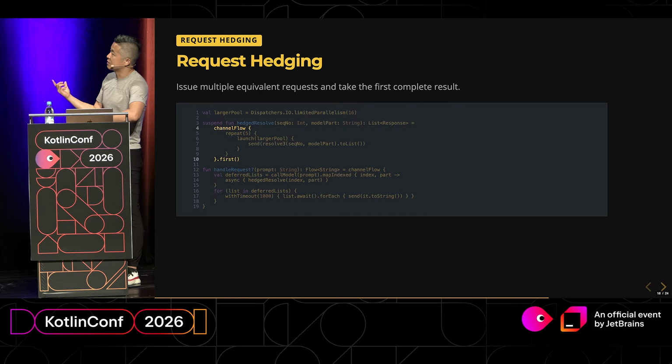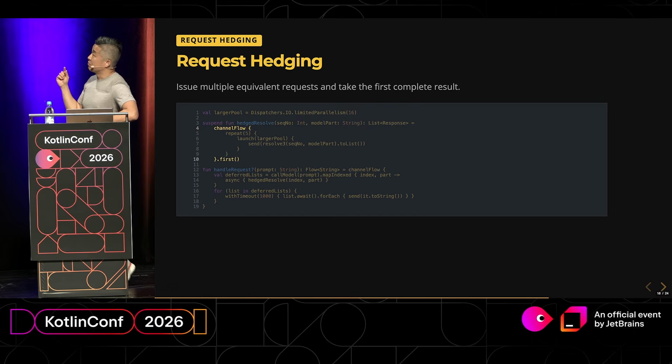So here we have the channel. Remember, that's a generator pattern. And this is a fan-in pattern. So we have started multiple coroutines and we collect with the channel flow. The difference here is we have the first operator.